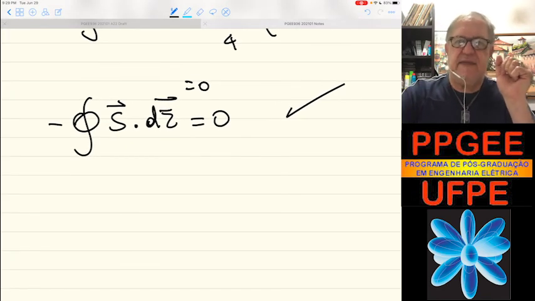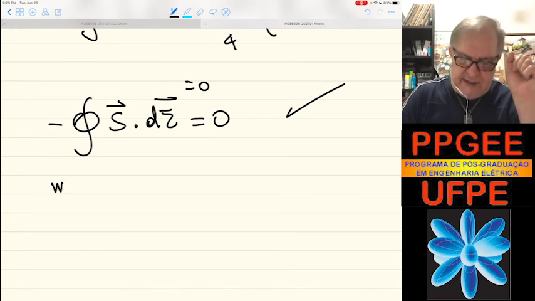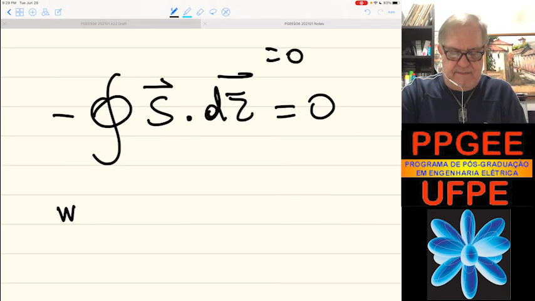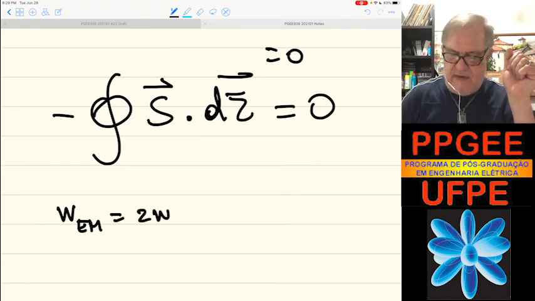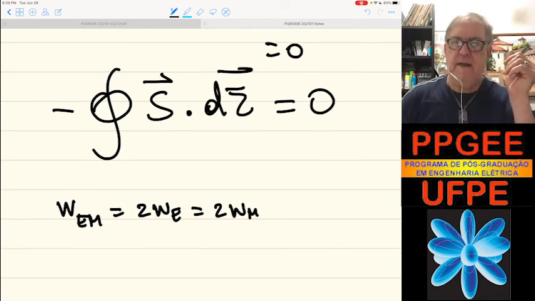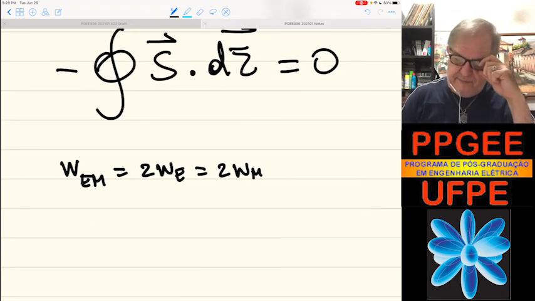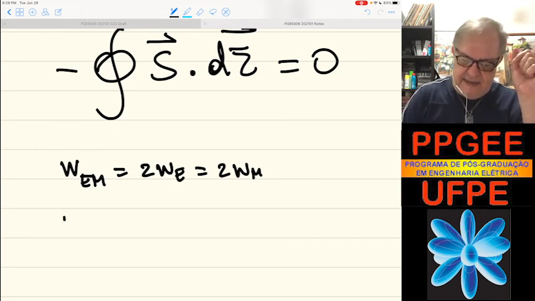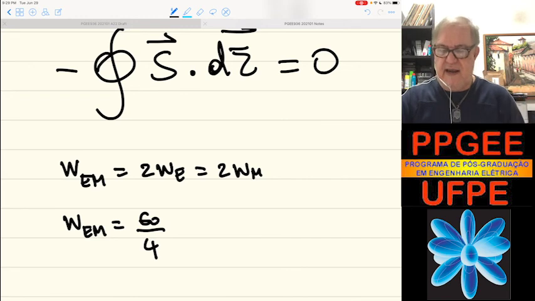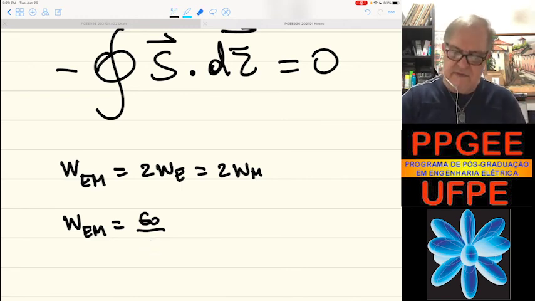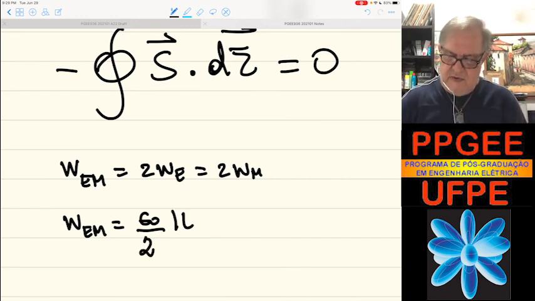Let's look into that. The electromagnetic energy equals 2 W E or 2 W M. You see that the electromagnetic energy equals epsilon 0 over 4 times 2, so epsilon 0 over 2 E squared.